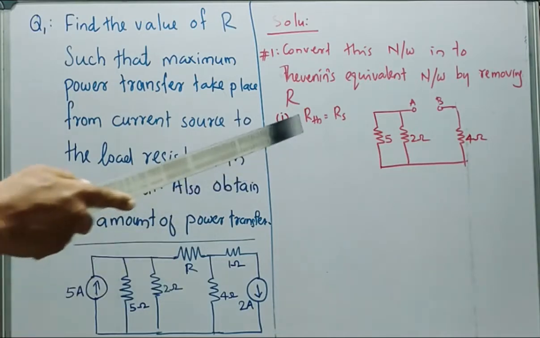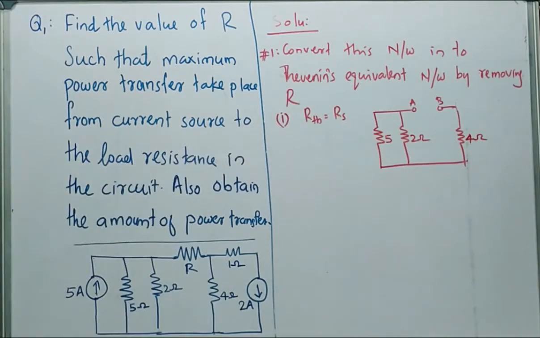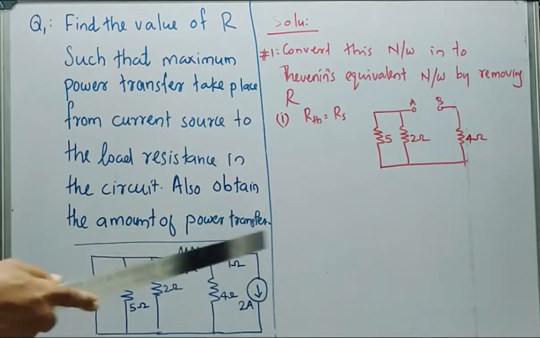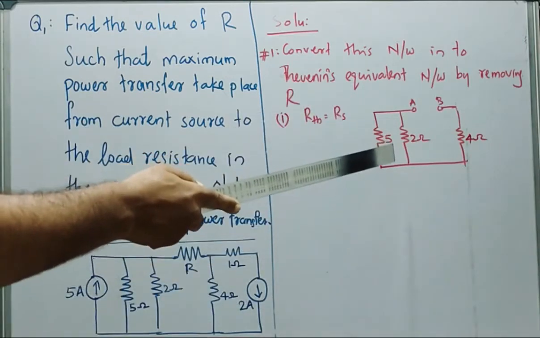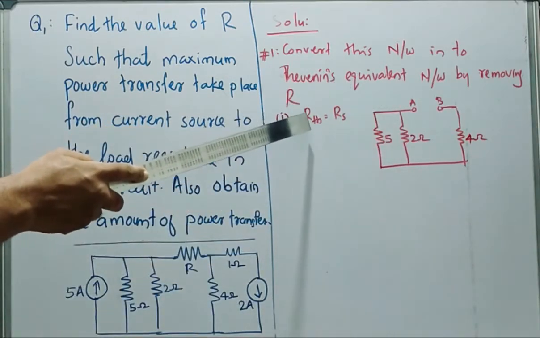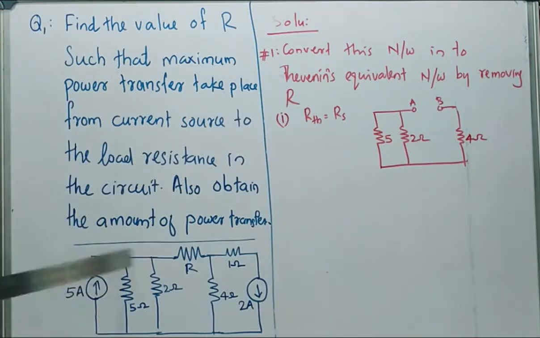In order to find it, we need to make all independent sources 0. Here only current sources are available, which we make 0 by open circuiting. So these sources won't be available in the equivalent circuit used to find Thevenin's equivalent resistance.